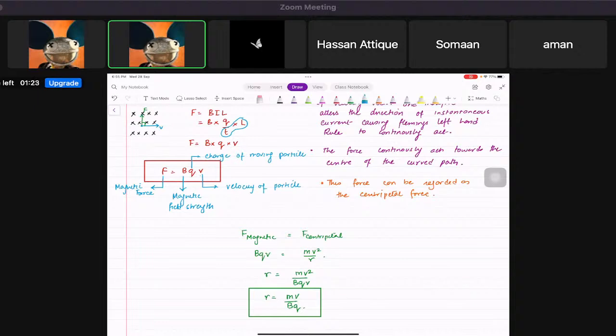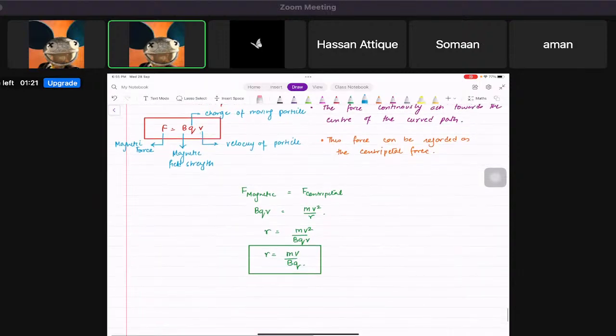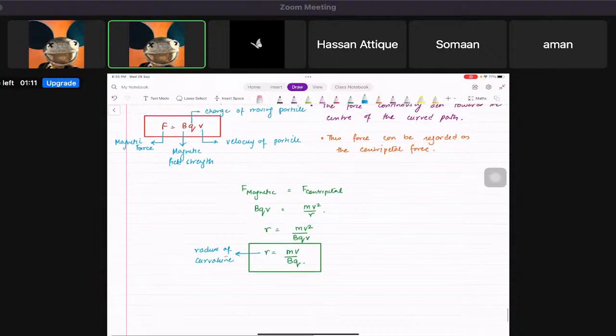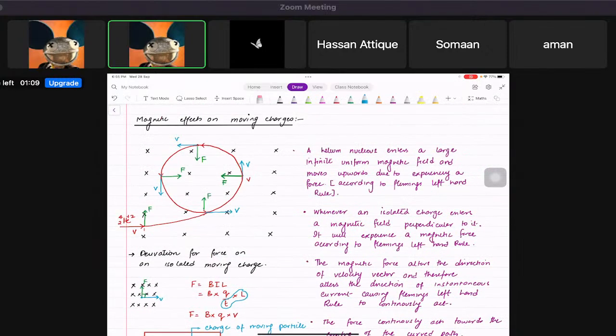Remember this equation, it will be used everywhere in this chapter. Here, this r is the radius of curvature. Basically it is from here till here.